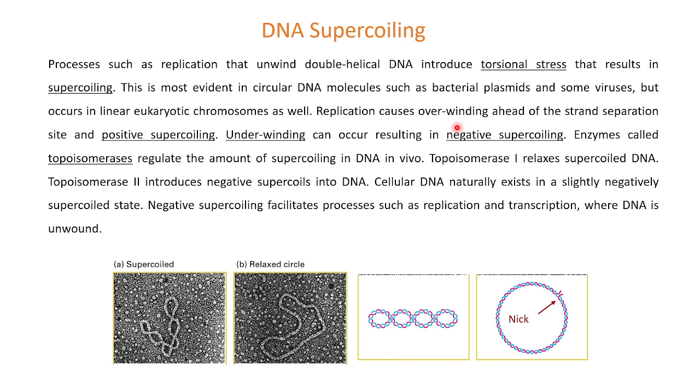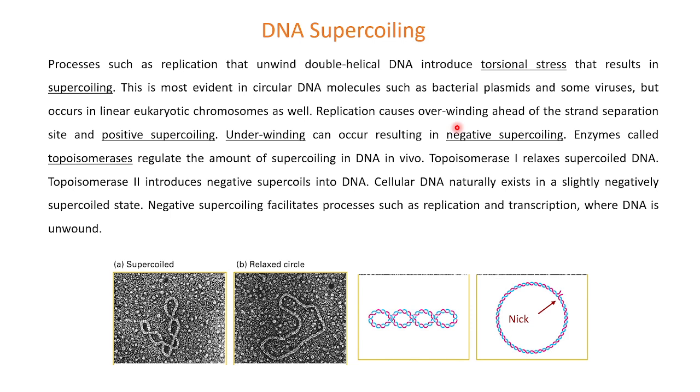Replication causes overwinding ahead of the strand separation site, giving positive supercoiling. Underwinding can also occur, resulting in negative supercoiling. You have enzymes like topoisomerase that regulate the amount of supercoiling in DNA in vivo.